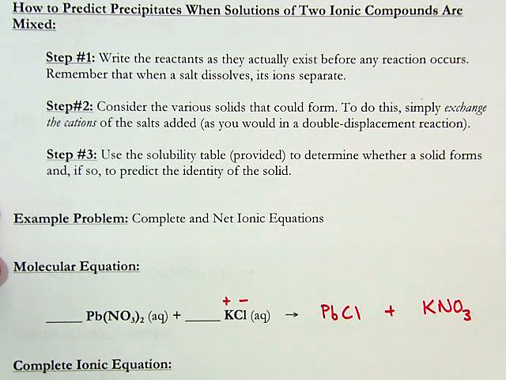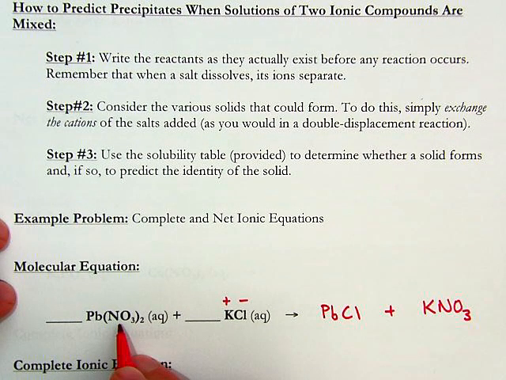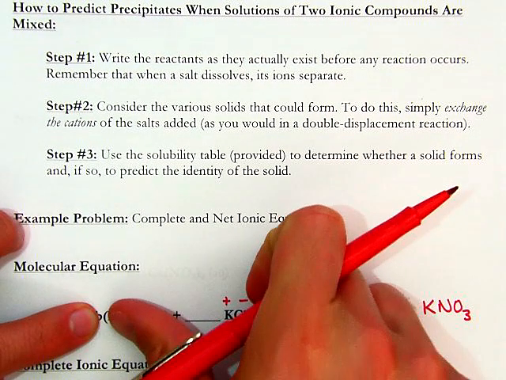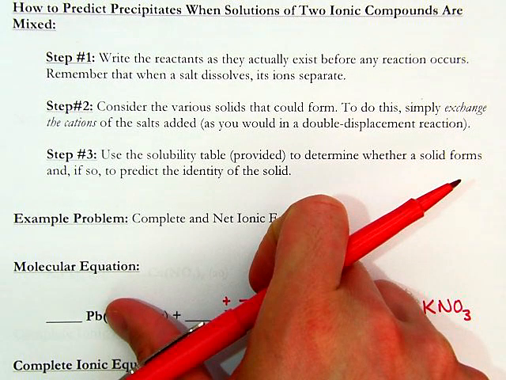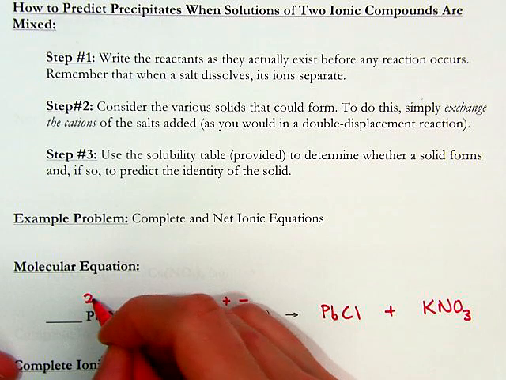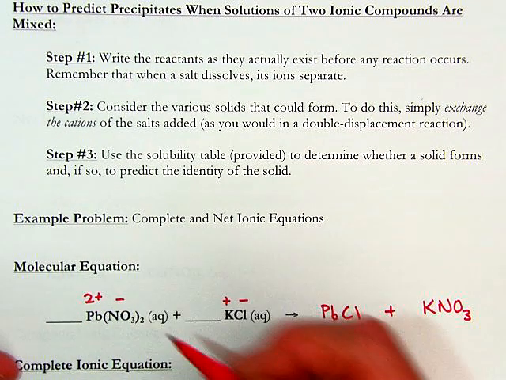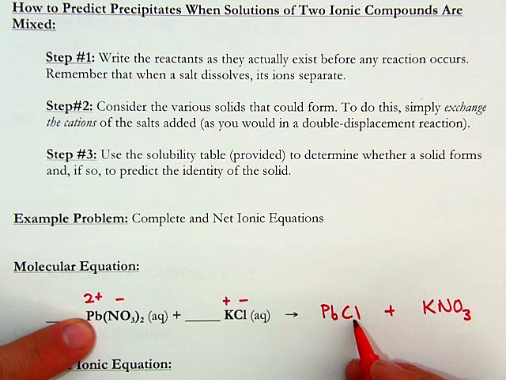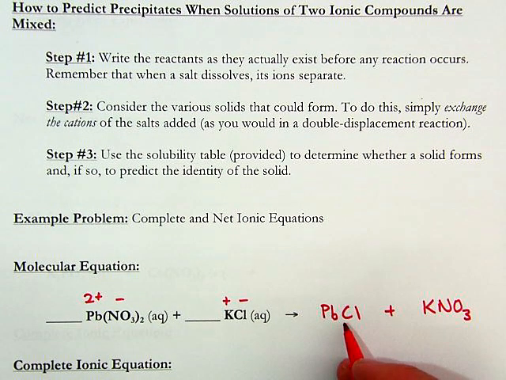Okay, nitrate has a charge of -1. So if nitrate has a charge of -1, and there are two of them, that means that this part is -2. So this part has to be +2. So lead is +2. Nitrate is -1. So when we're forming neutral compounds, if chlorine is -1 and lead is +2, this is not a neutral compound.